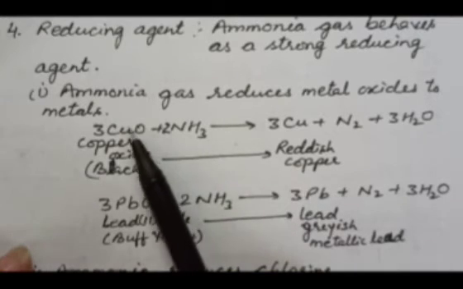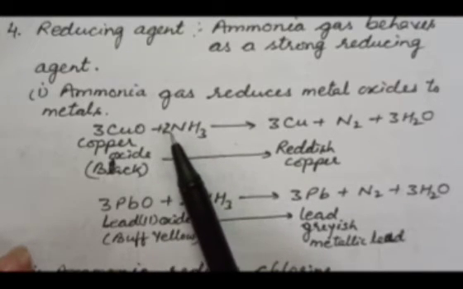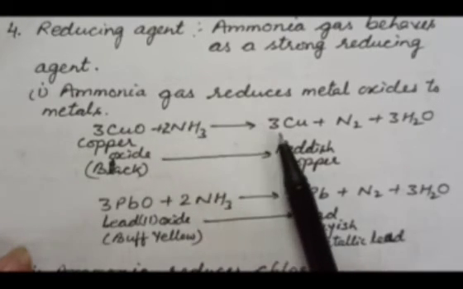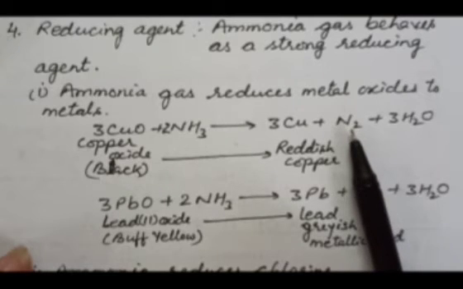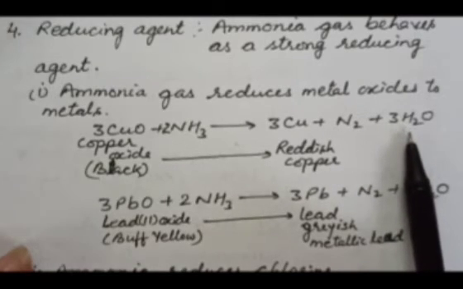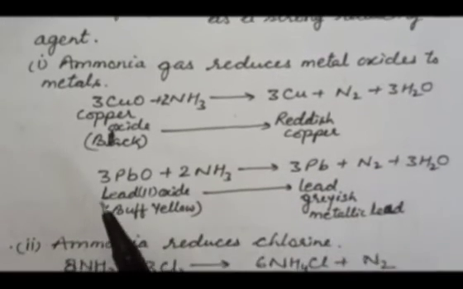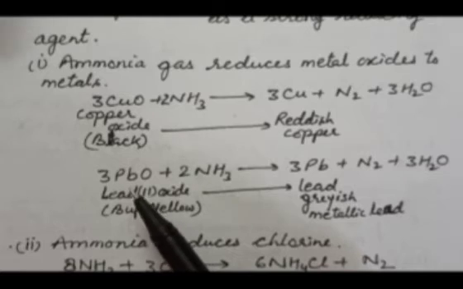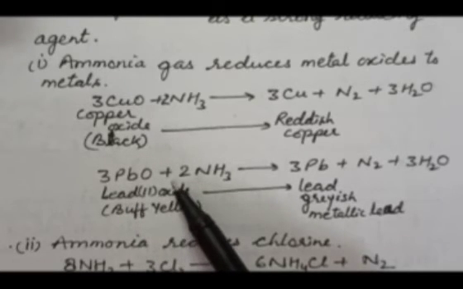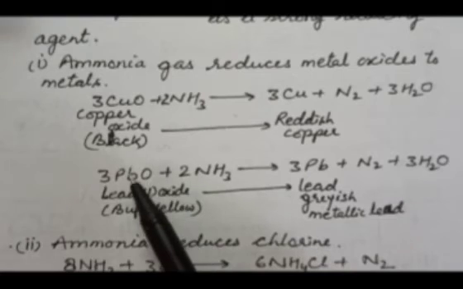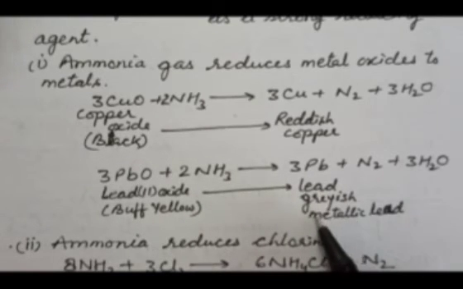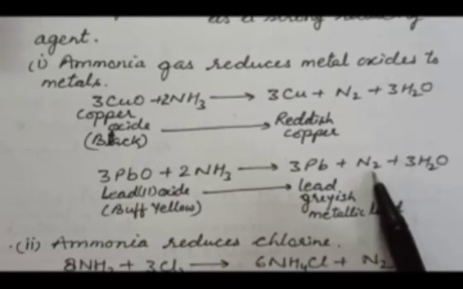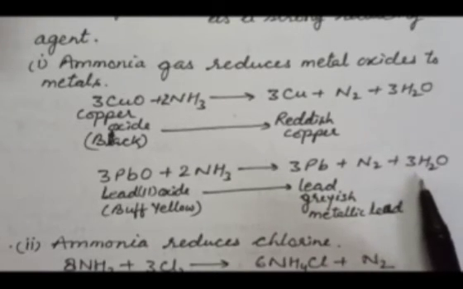Look at the equation: copper oxide reacts with ammonia gas, which reduces it to copper, and nitrogen gas and water are formed. In the same way, when ammonia is passed over heated lead 2 oxide, the buff yellow lead 2 oxide is reduced to grayish metallic lead, and nitrogen gas and water are produced.